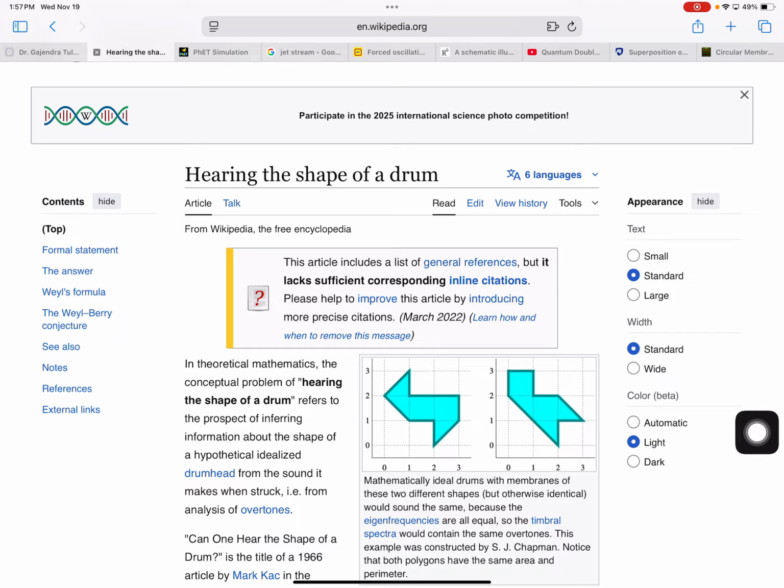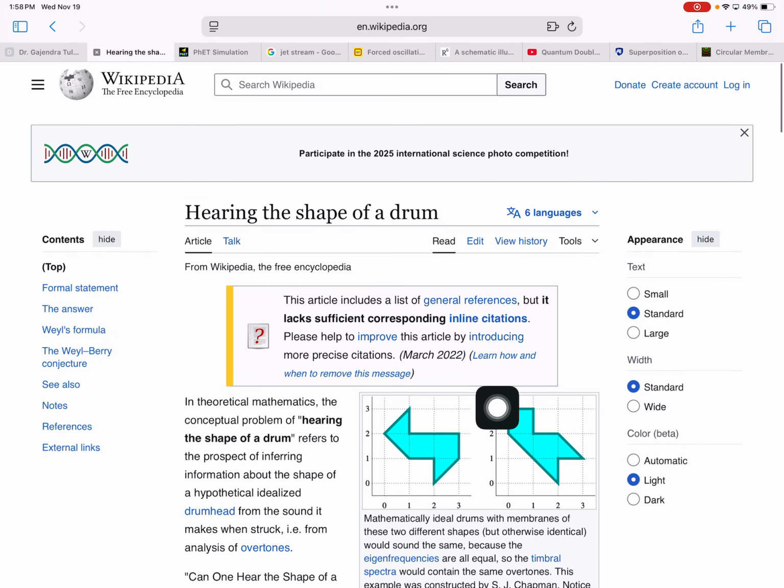So the area and the perimeter of those two shapes is the same. They produce the same frequencies, and you can't tell from listening to those being played which one is which. You can tell the difference between this drum and that drum. So anyway, this is a pretty famous problem.